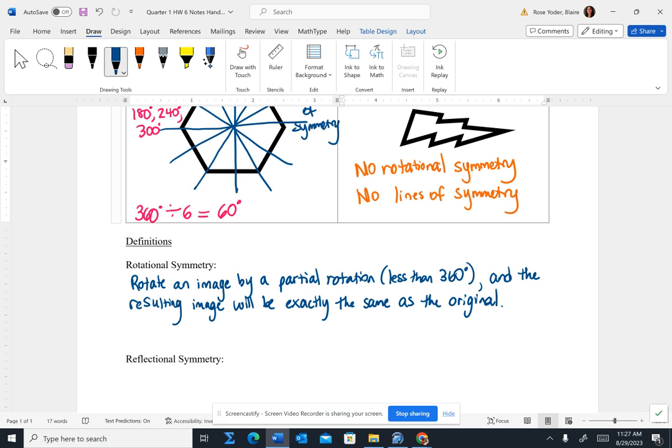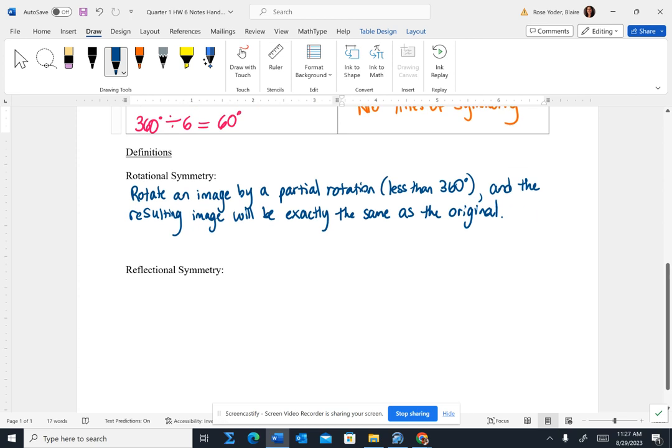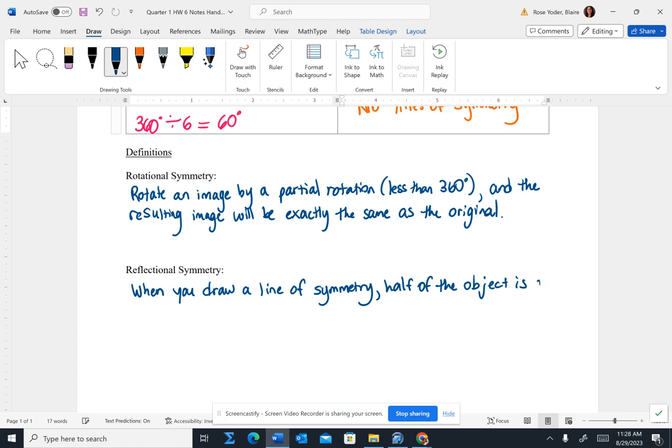So sometimes this is also called line symmetry because if you draw a line of symmetry in the object, half of the object is a perfect mirror image of the other half.